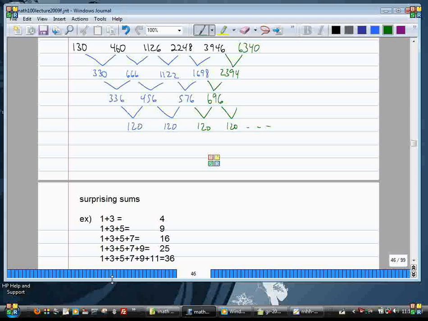Adding up consecutive odd numbers gives you what? What's special and unique about the result? 4, 9, 16, 25, 36. Oh, they're all squares. They're all squares.